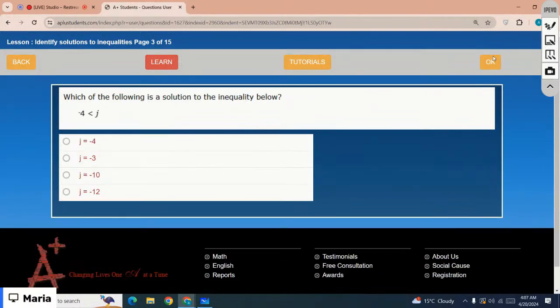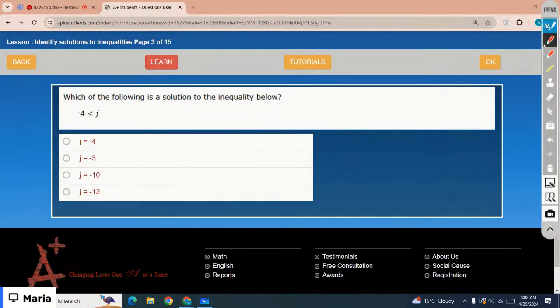Which of the following is a solution to the inequality below? Okay, negative 4, replace the j with negative 4, right?